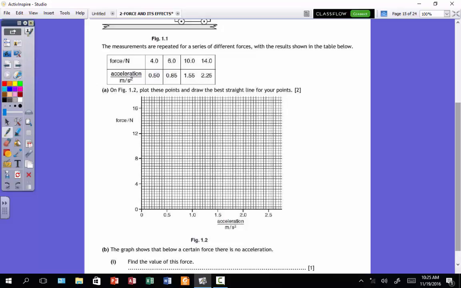We're going to see that, okay, the force is 4. I can use a different pen, which is blue. 4 against this point. And the other one is 6, which is between 4 and 8, in the middle.